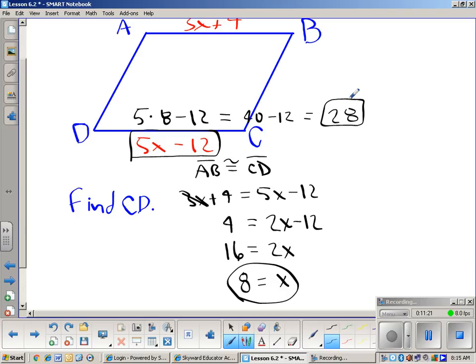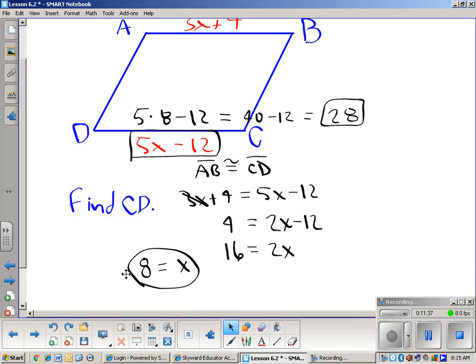All right? Now, when I'm checking your test on something like this, if you circle a whole bunch of different things, but they're only asking for one, it gets confusing to me what you think the answer is. So I would prefer you not do what I did here, and not circle this, because that's not the answer we're looking for, is it? We're looking for 28. So CD is equal to 28.